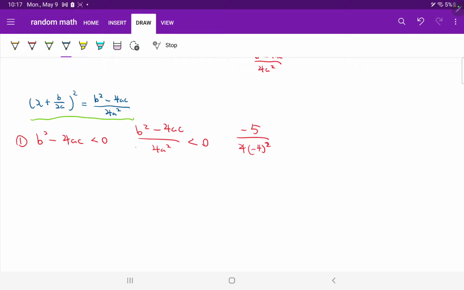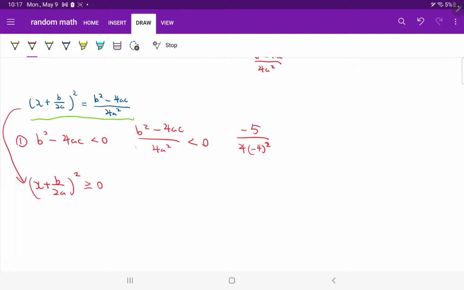And then looking back at our original formula, if the right side is smaller than 0, let's look at the left side. On the left side we have x plus b over 2a, squared. If we look at this, this has to be non-negative, because no matter what number you substitute for x, a, or b, whether negative or positive, this will always be bigger than or equal to 0.